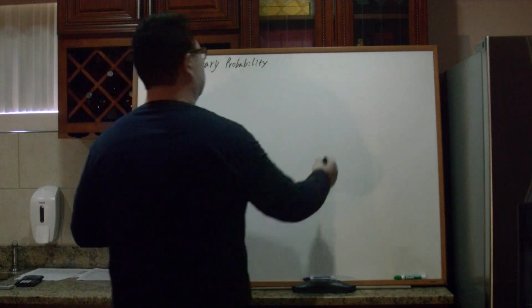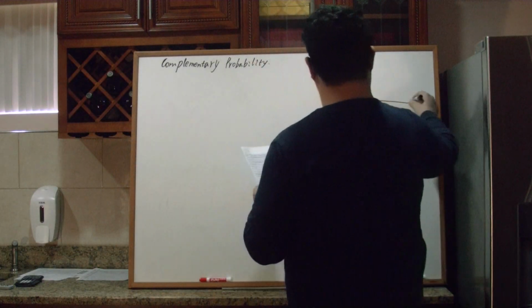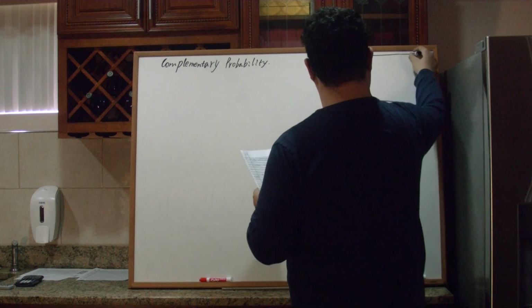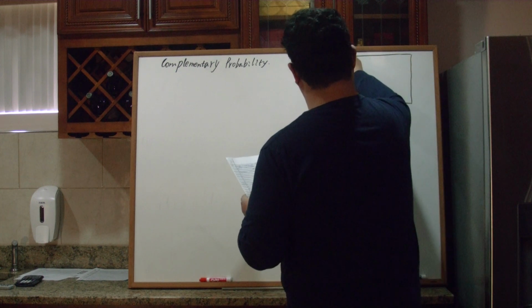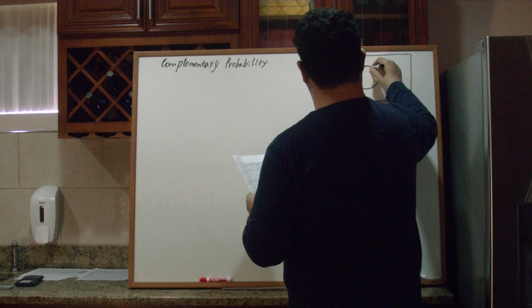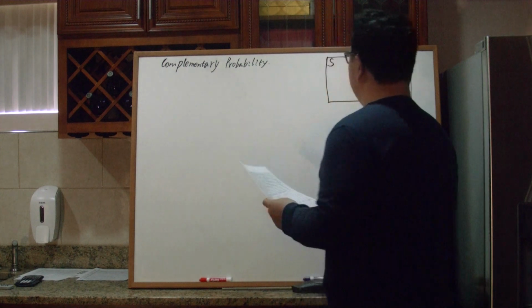Right, so the Venn diagram of the universal sample space and then event E in the middle.